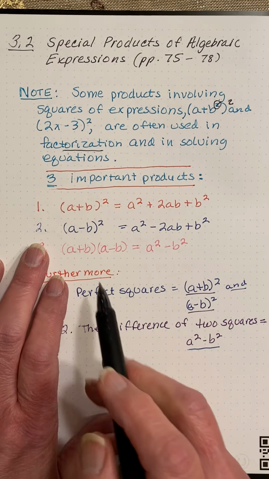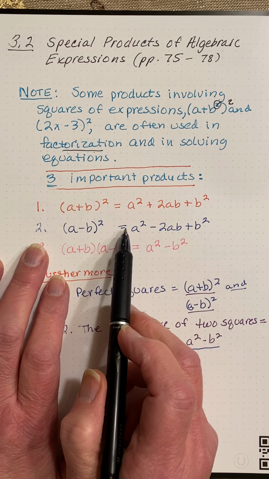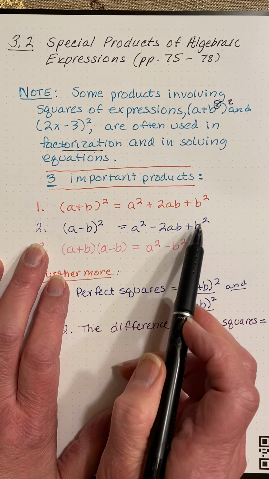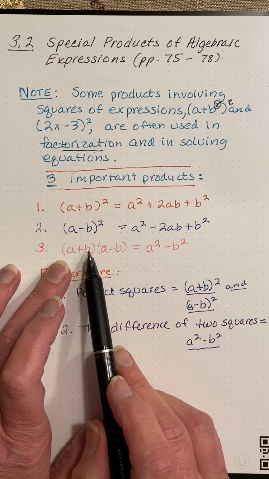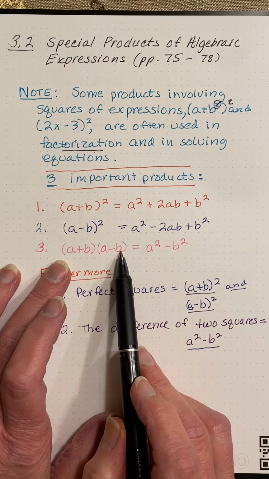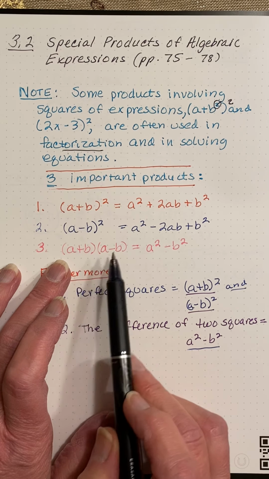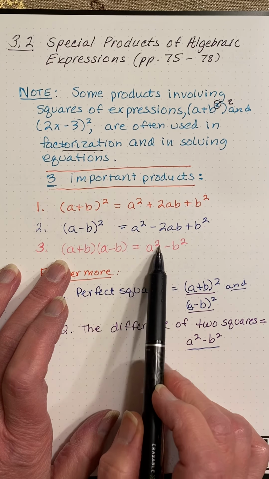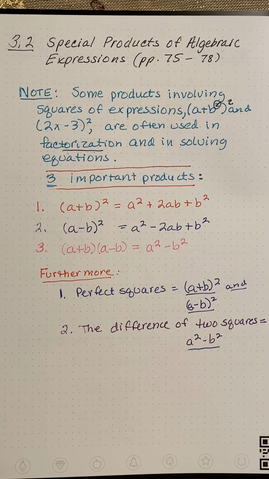The second pattern is (a minus b) squared, which always turns out to be a squared minus 2ab plus b squared. You also see (a plus b) times (a minus b). In that case, instead of distributing like we normally do, we can simply go straight to a squared minus b squared, because that is what it ends up to be.